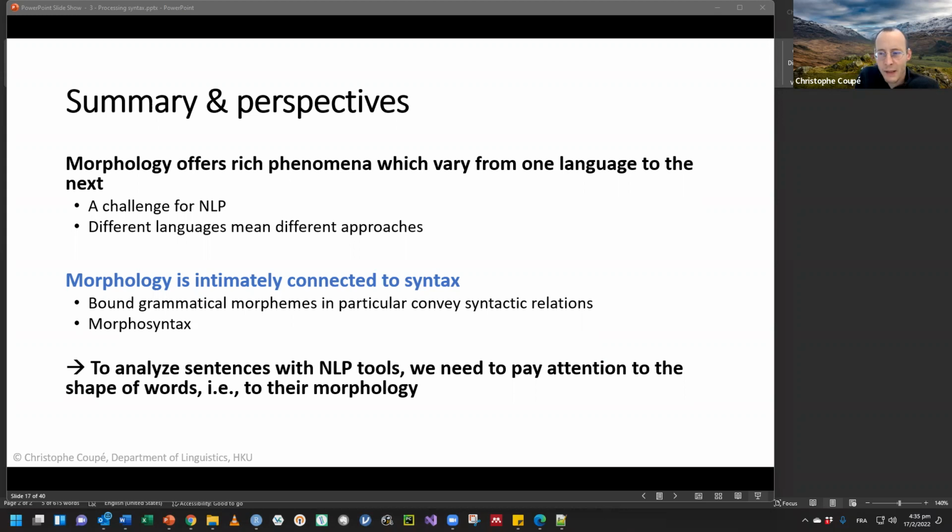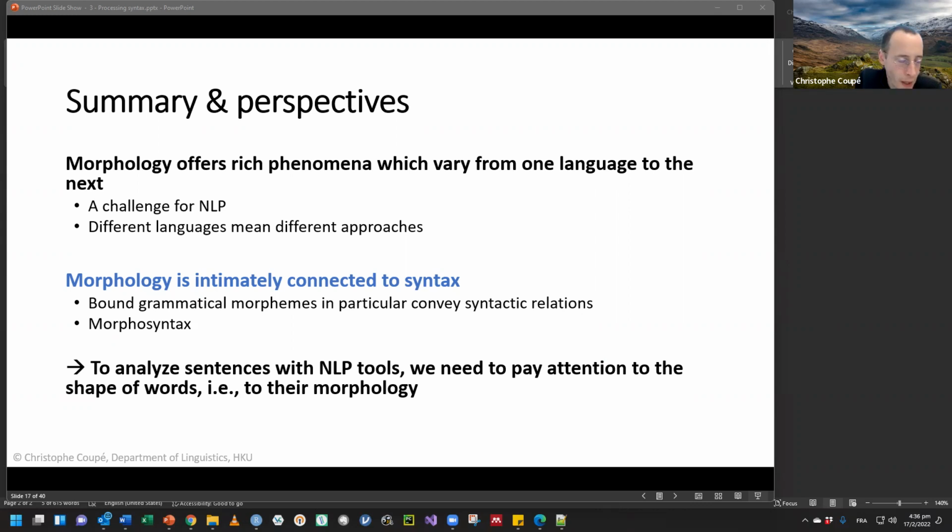What we have seen is that many of the morphemes, the grammatical morphemes in particular, tell you about syntax. They tell you about the grammatical, the syntactic relations between the words. And that's how morphology is deeply connected to syntax.